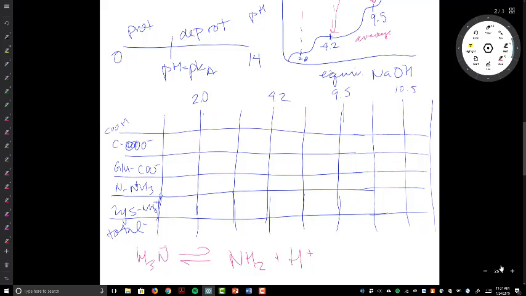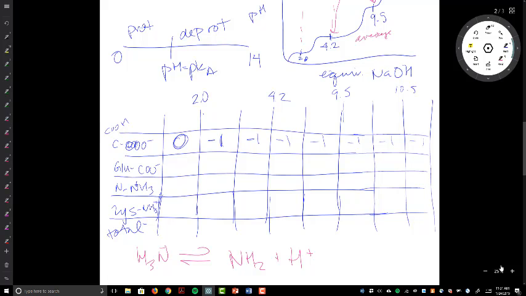When we're below the pKa of 2, the protonated or neutral form dominates, and above a pH of 2, the negative form dominates. And then as we go up the pH scale, below 4.2 and above 4.2, our C-terminus is deprotonated and will continue to be deprotonated, or negatively charged, all the way up the pH scale.